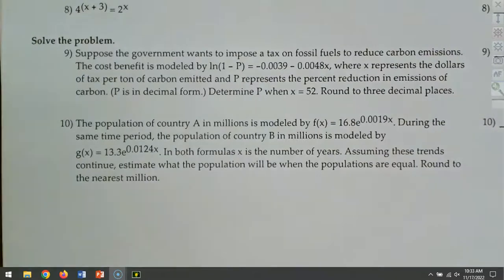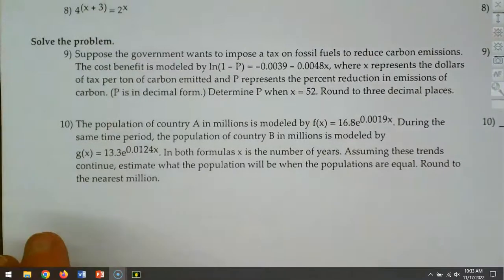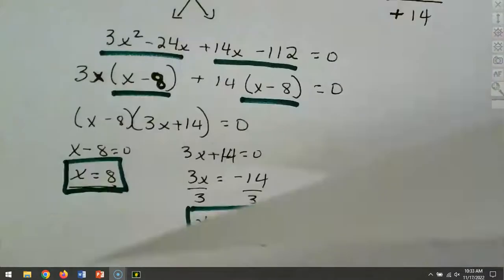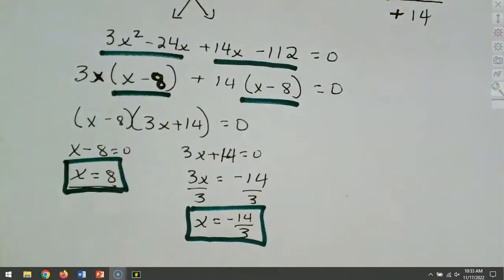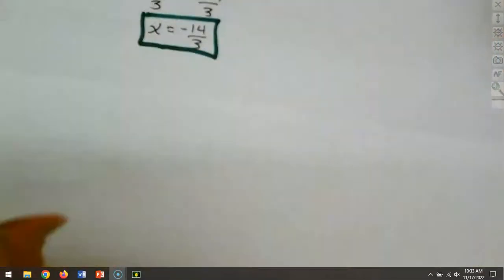So all we have to do is plug in x equals 52 and determine how we would solve this equation. That's all we have to do: plug the value in. So we take our equation and plug the value 52 in. Number 10 is the same way. You just plug the value in.